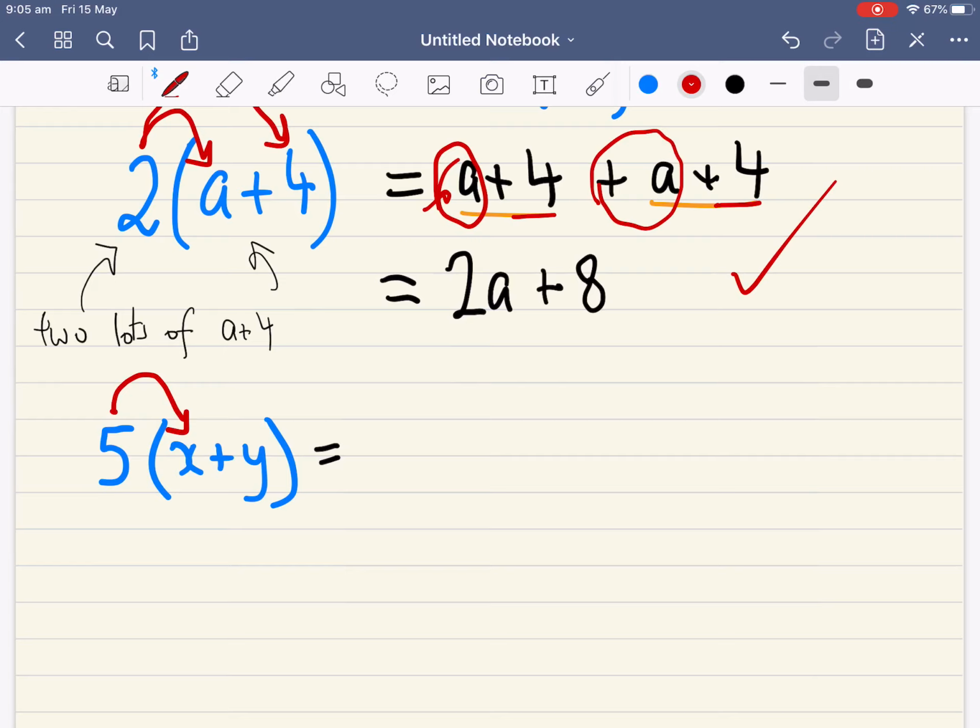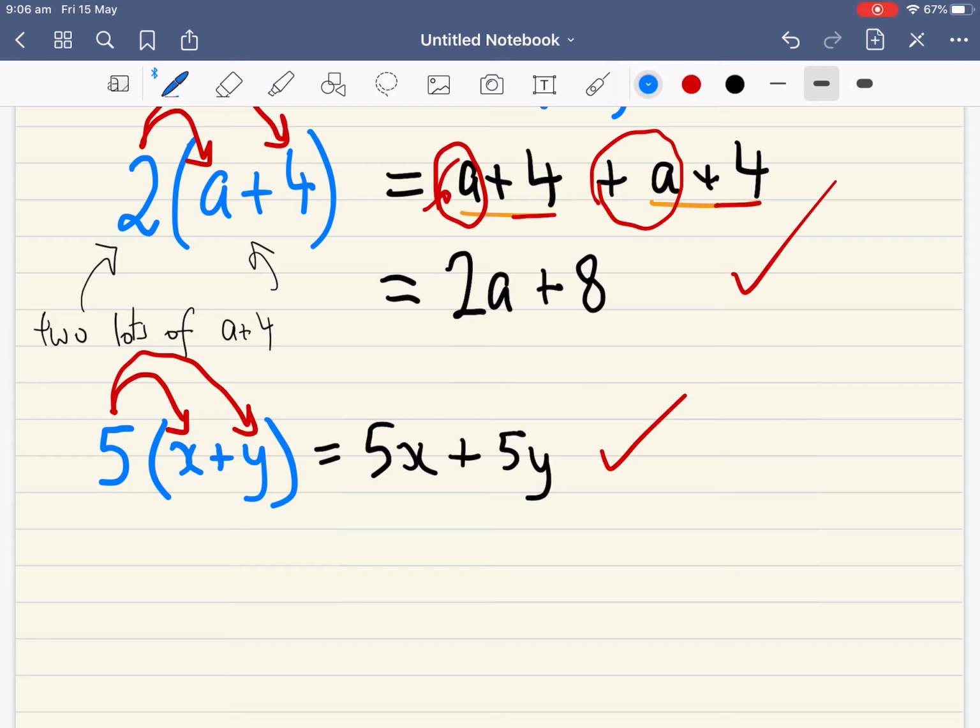How do you write 5 lots of x? Well, that would just be 5x. Plus, we also have 5 lots of y. So again, how do you write 5 lots of y? It would just be that, 5y. And there we have the exact same answer without having to do all that working out.